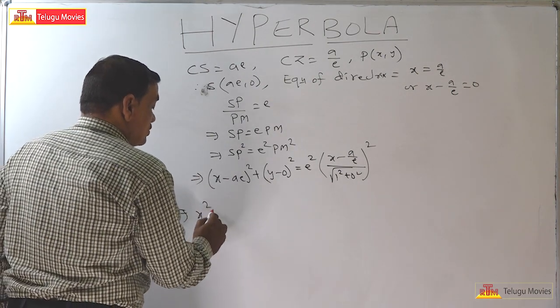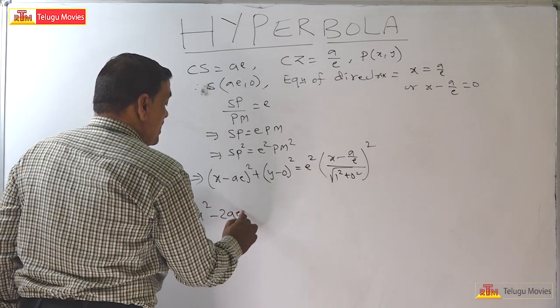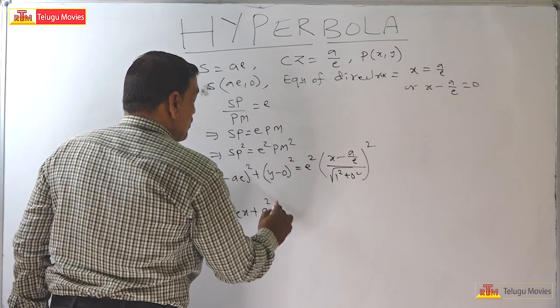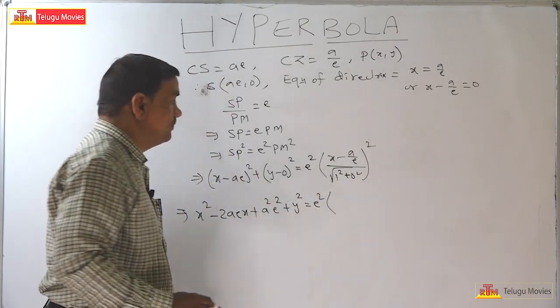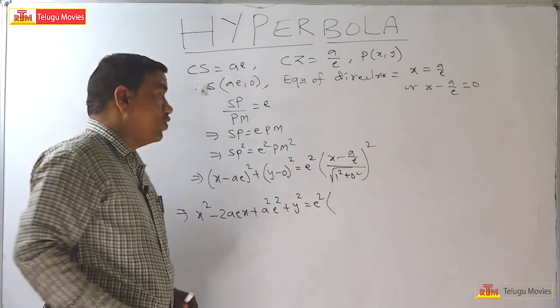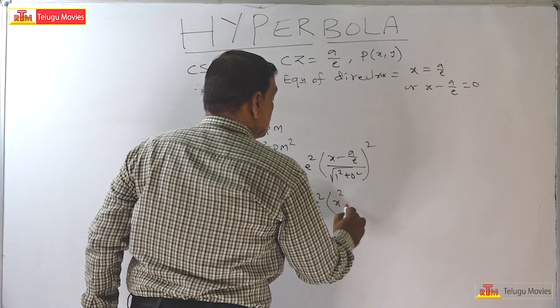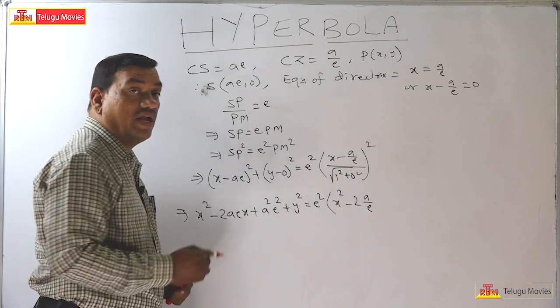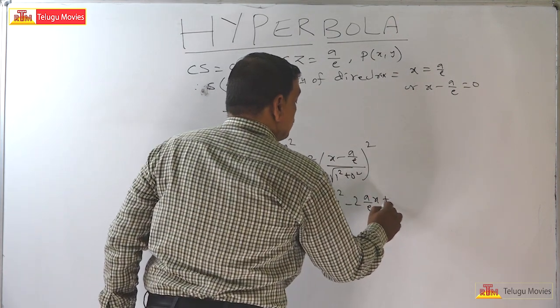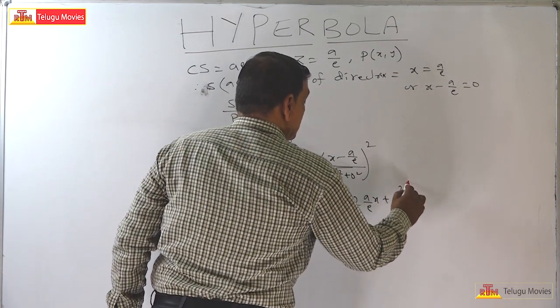So this is x square minus 2aex plus a square e square plus y square is equal to e square into (x minus a by e) whole square, that is equal to x square minus 2a by e into x plus a square by e square.